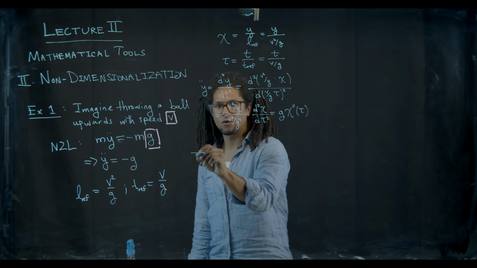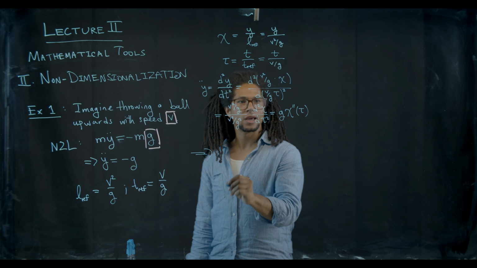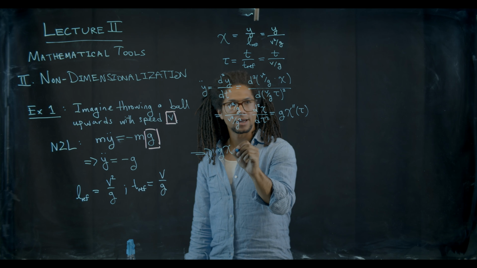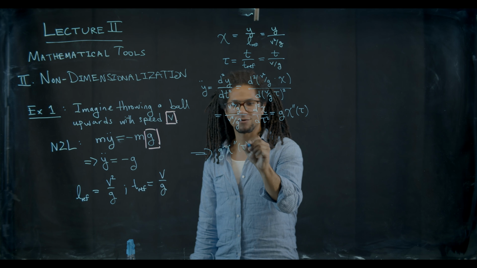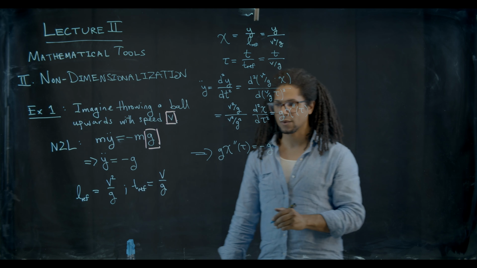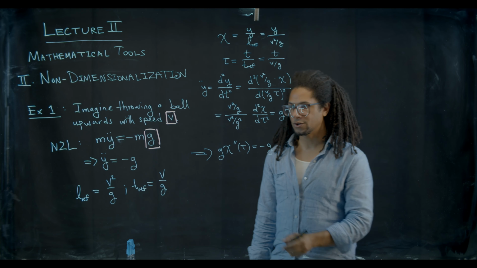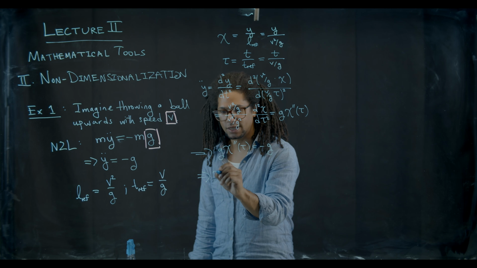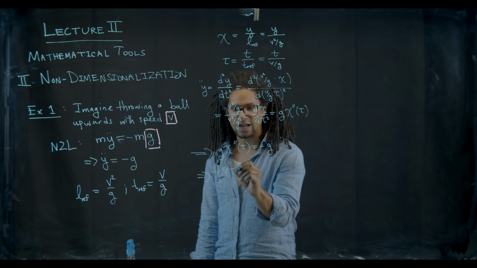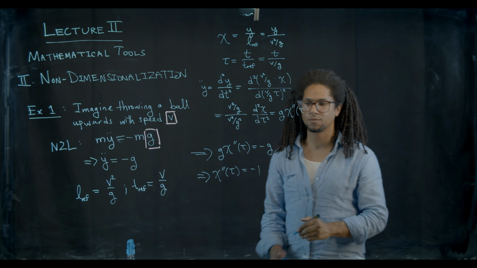So now all of that above implies that g chi double prime of tau is equal to minus g. If I cancel the g's on both sides, I now have a dimensionless equation. Chi double prime of tau is equal to minus 1.